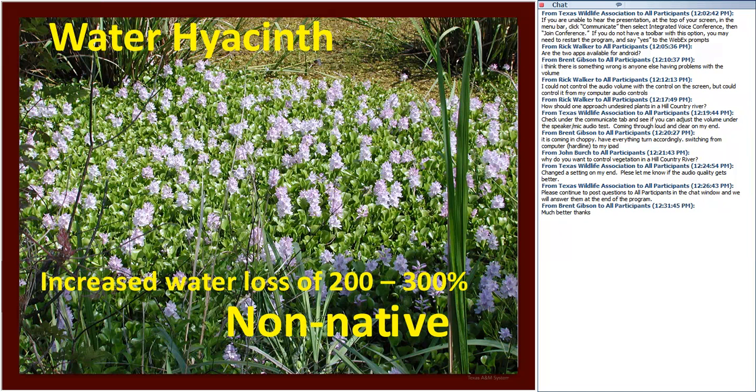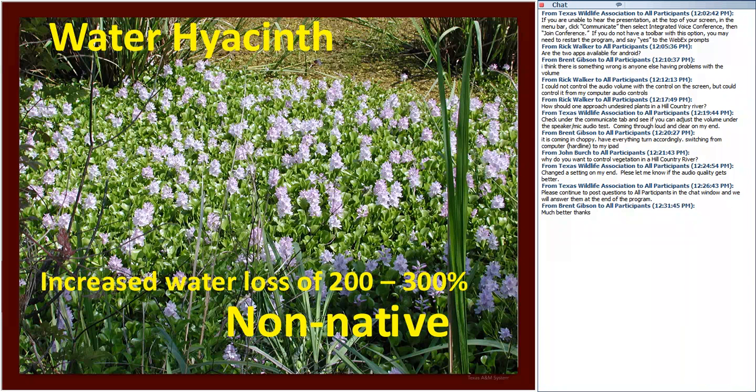Water hyacinth can increase water loss between 200 and 300%. Now, the thing is, most counties in Texas lose between 50 and 60 inches of evaporation per year. And so if you have 60 inches of evaporation a year, that's 5 feet.